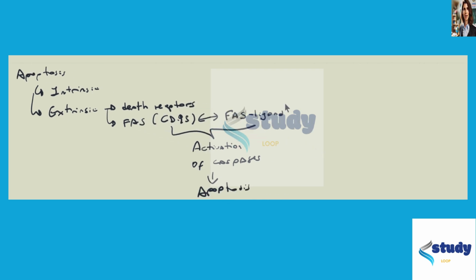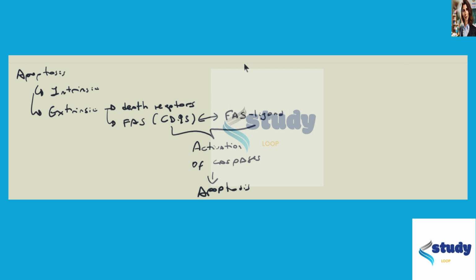And this binding is going to trigger a sequence that leads to activation of caspases, and this is going to lead to apoptosis. For example, many cells are going to have this CD95, also called FAS, and other cells are going to have FAS ligand.